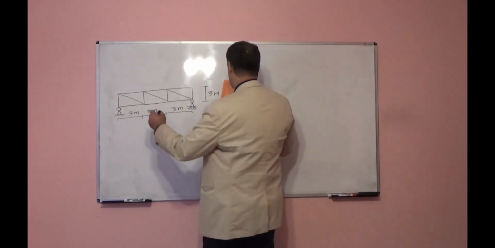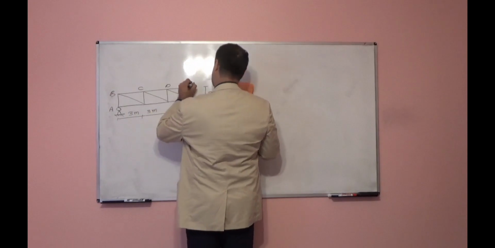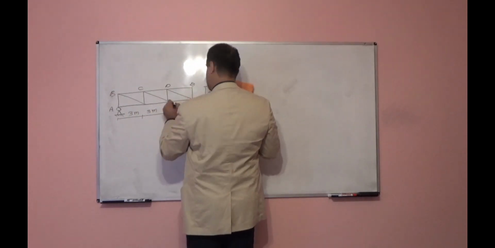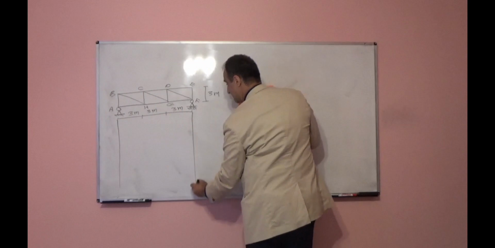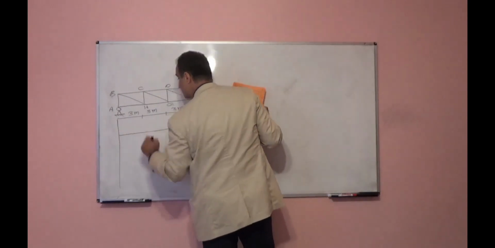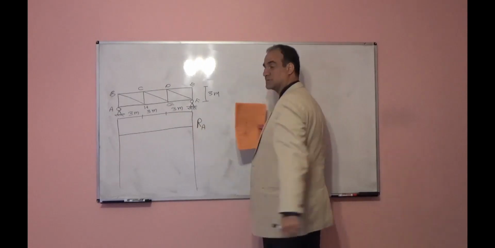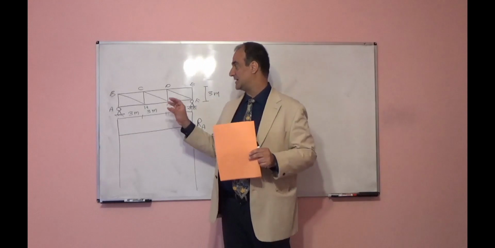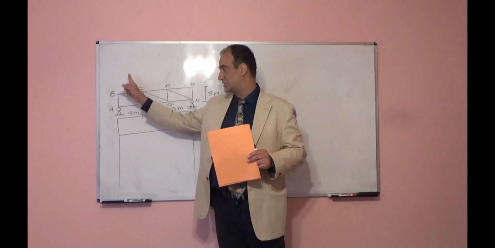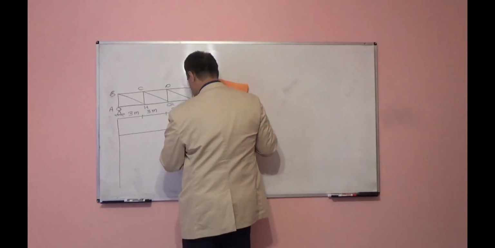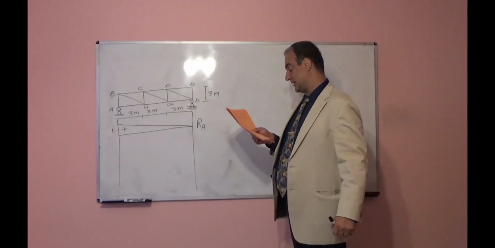A, B, C, D, E, F, G, H. We want to draw the influence line for this truss at support A. If we draw the influence line for a truss support, it will be exactly the same as the influence line for a beam. So you will remove this support, you will shift up 1 unit. This will be the influence line for reaction at support A.